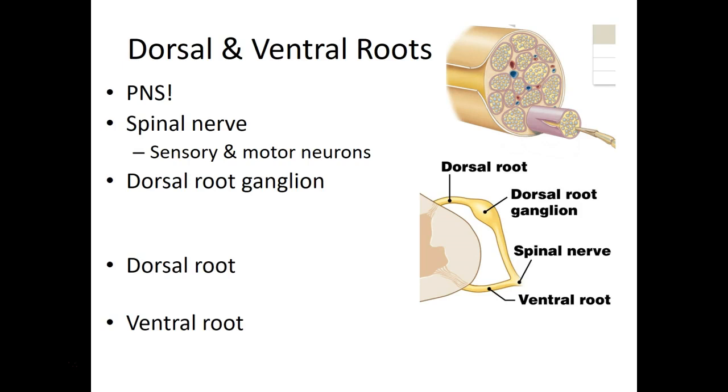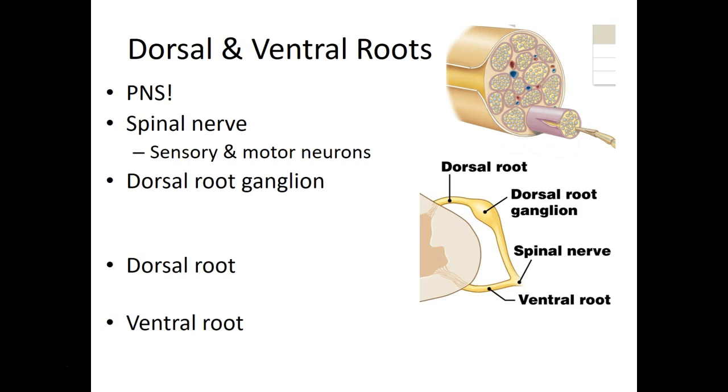Which means, which way is information flowing along this, what we call a root? Is it coming in to the spinal cord, or is this information being sent out? So why do you guys say in? Dorsal, yeah, and so is this going to be sensory information, or is this going to be motor information?